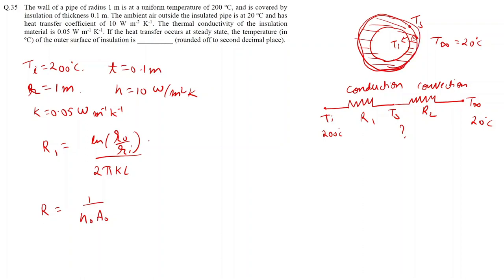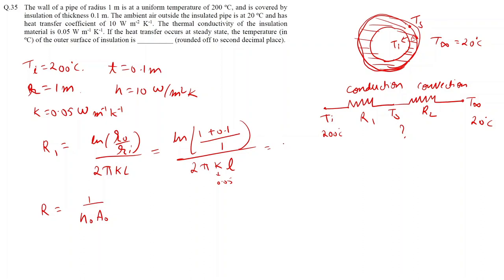So we can find both of these R1 and R2. Let's calculate this. It will become ln of, the outer radius will be 1 plus the thickness of the insulation, that is 1.1, upon 1, upon 2 pi K L. You can replace the value of K as 0.05.